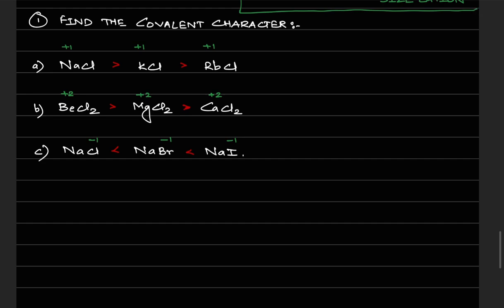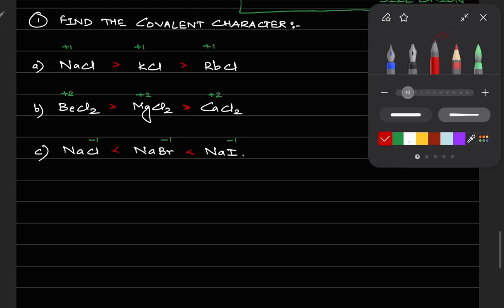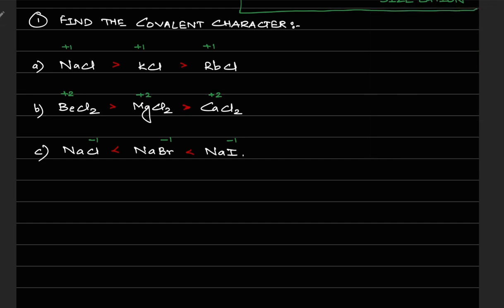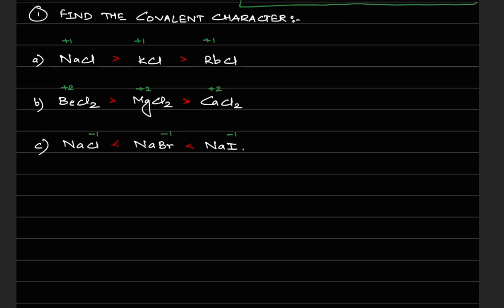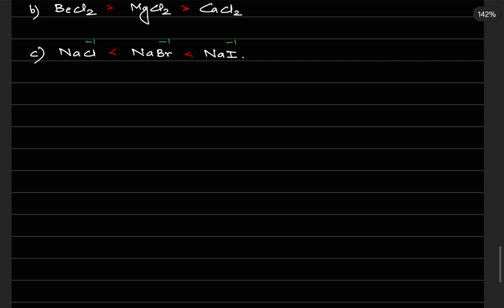We'll move to a few other examples. Let's understand how other questions can be asked. One important thing I would like to share with you is the concept of melting point and boiling point.